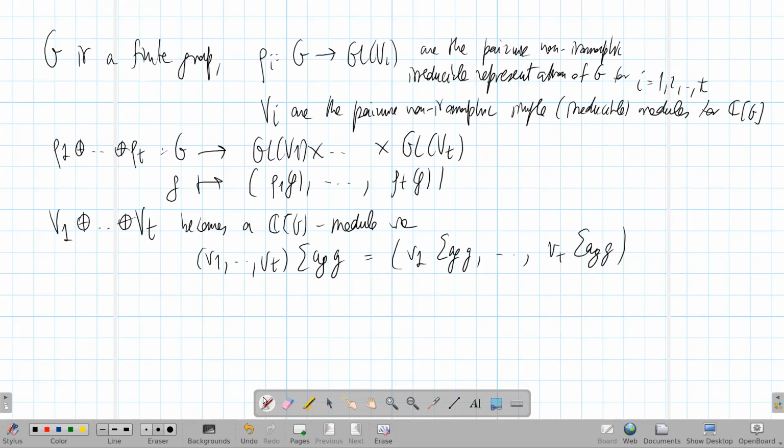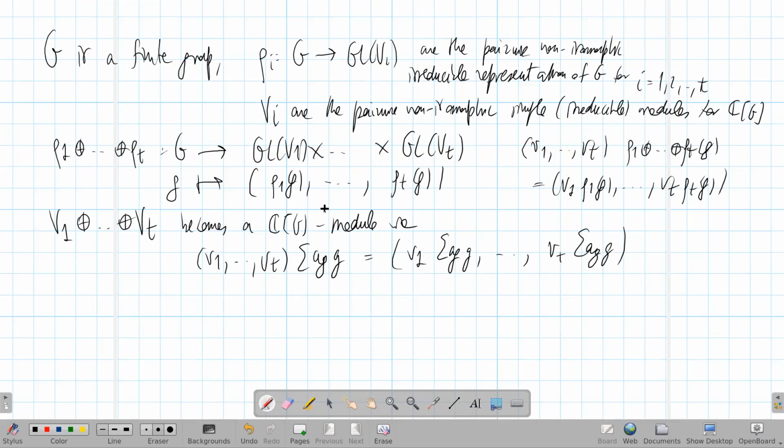So the action here, just to have a mirror symmetry with this: you have an element in the direct sum V_1 plus ... plus V_T. What does this do to these tuples? It simply acts on each component with the relevant representation. So rho_1 of g acts on V_1 and so on, rho_T of g acts on V_T.